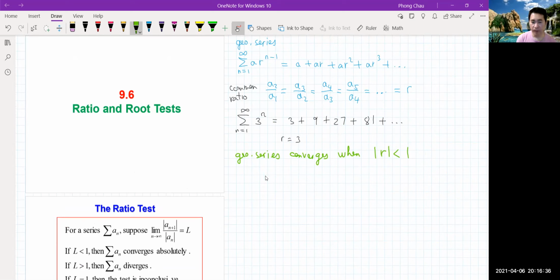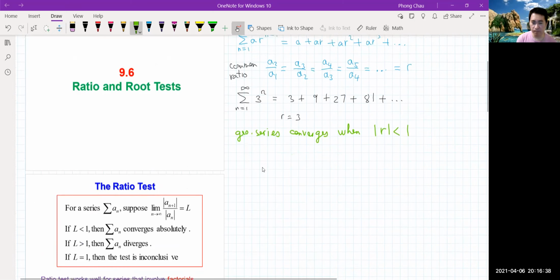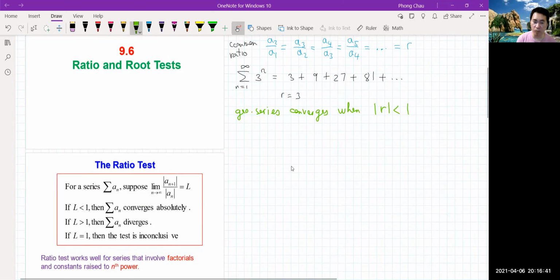If the ratio is approaching 1 but is smaller than 1, then the next term is going to be smaller than the previous term, so your terms are shrinking, and in that case it would converge. But if the terms are increasing, it will diverge. So when the limit is 1, I cannot tell whether the series converges or diverges.